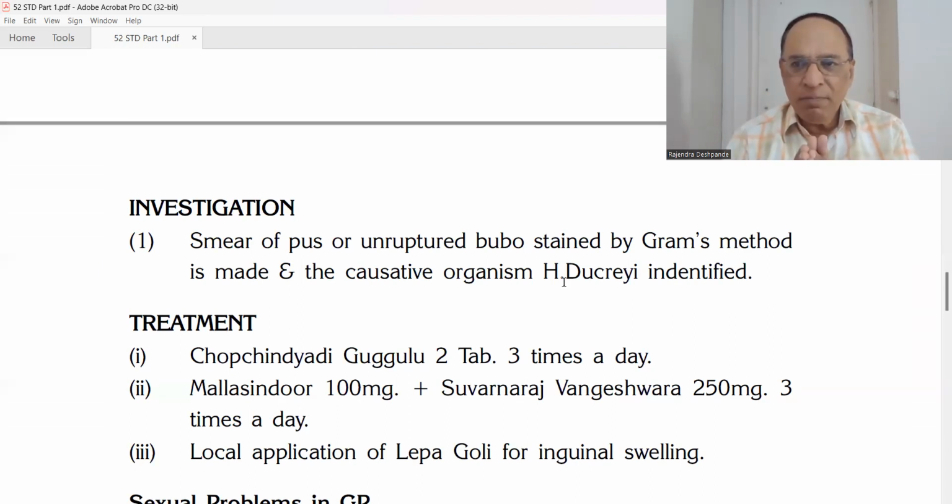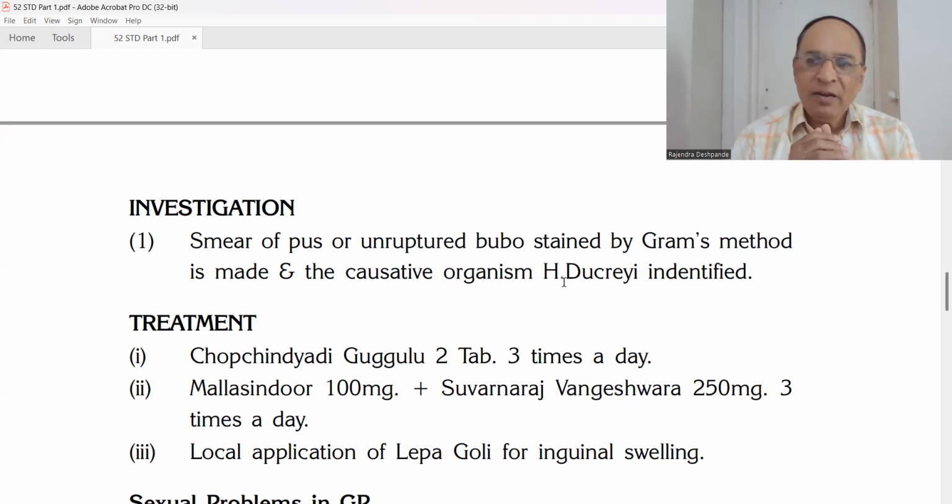Chancroid, multiple small ulcers in the genital penis region. And another thing is either on the right or left side, in inguinal region, there will be lymph gland enlargement. That is called a bubo. Bubo, remember this word. And there you can take the pus sample and find out these particular organisms.